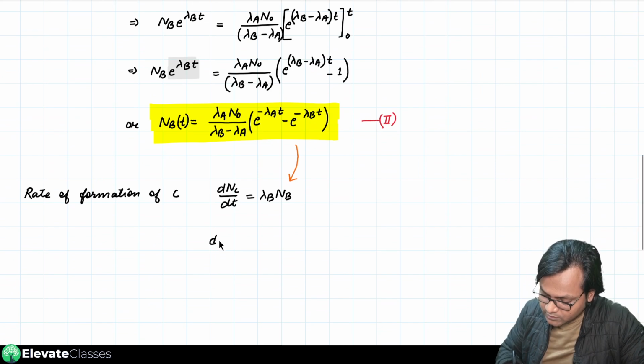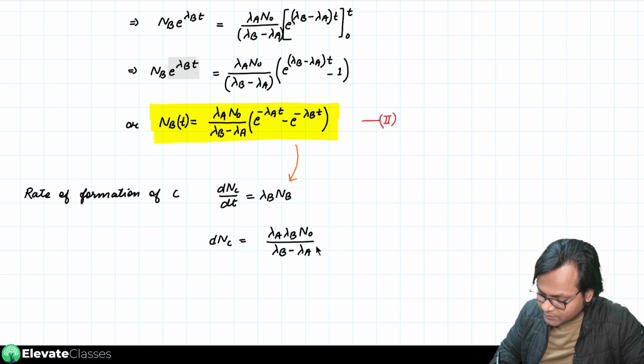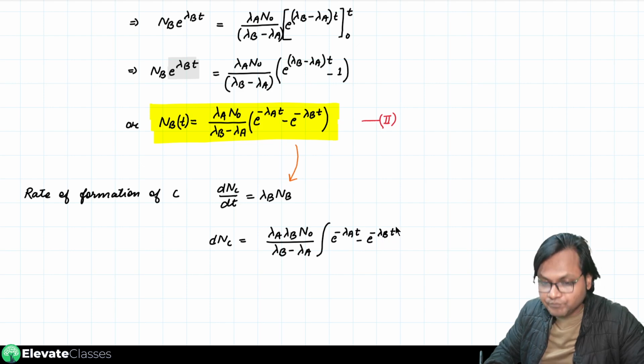So this should be dNc is equal to lambda a, lambda b, N naught upon lambda b minus lambda a, and then integrate e to the power minus lambda at minus e to the power minus lambda bt.